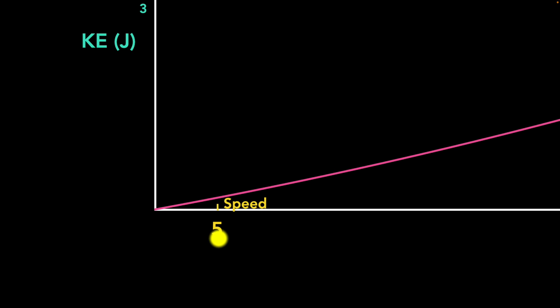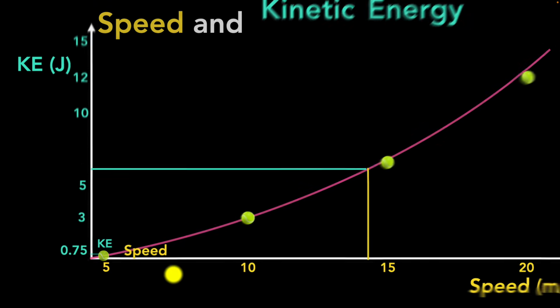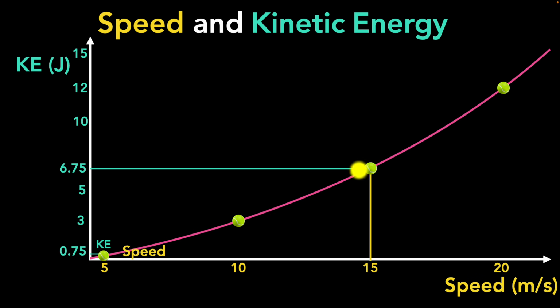When the speed is 5 meters per second, we get the kinetic energy to be 0.75 joules. Now let's triple that. Let's make the speed 15 meters per second, and we find the kinetic energy to be 6.75. This is 9 times higher, okay? Because 0.75 times 9 gives you 6.75, which means when we triple the speed, the kinetic energy increased 9 times.